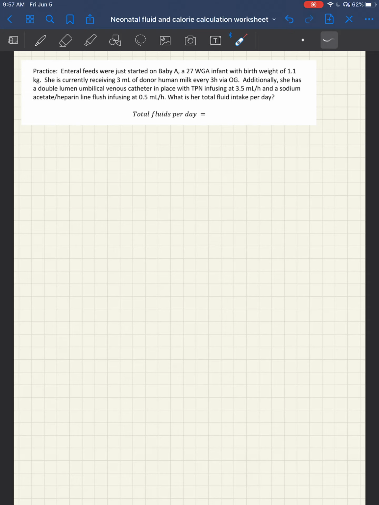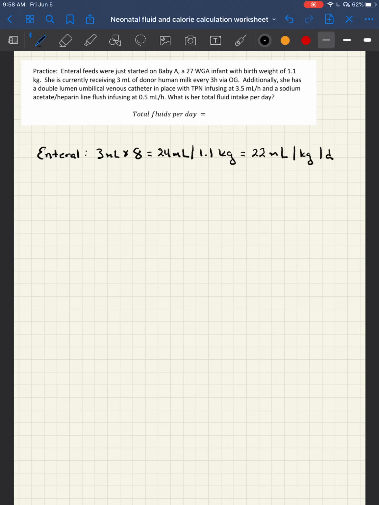What we can do first is find the enteral component. Baby is getting 3 milliliters with each feed times 8 feeds in a day. 24 milliliters divided by the weight gives 22 milliliters per kilogram per day. And then we'll look at the parenteral or IV contribution.